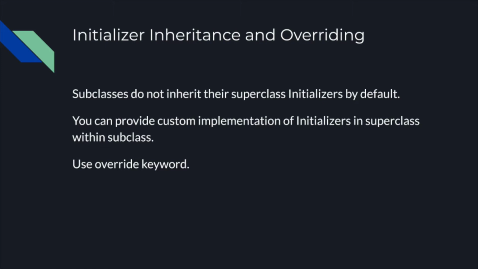This is true even if you are overriding an automatically provided default initializer. But if you write a subclass initializer that matches a superclass convenience initializer, that superclass convenience initializer can never be called directly by your subclass, as per the rule. So there is no need for the override modifier for the convenience initializer.